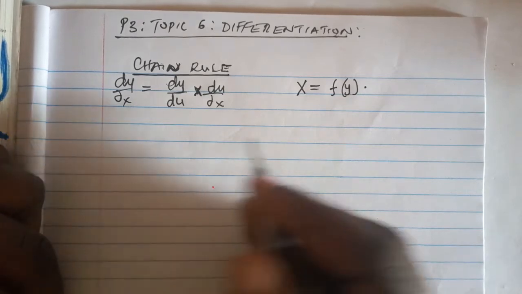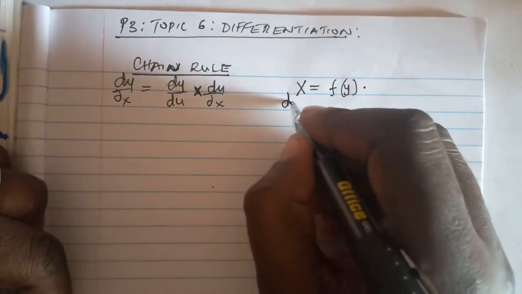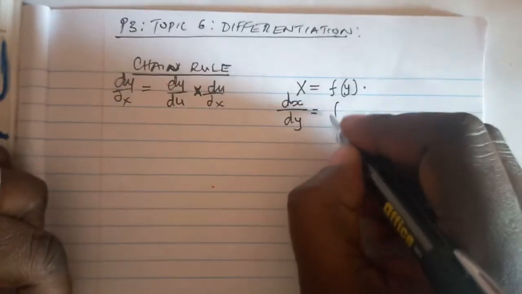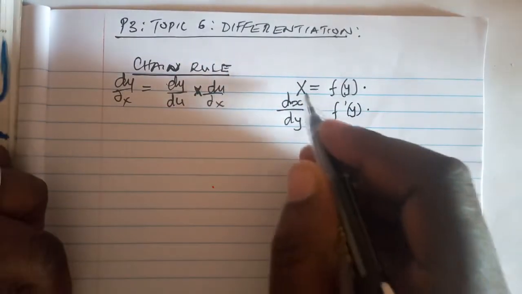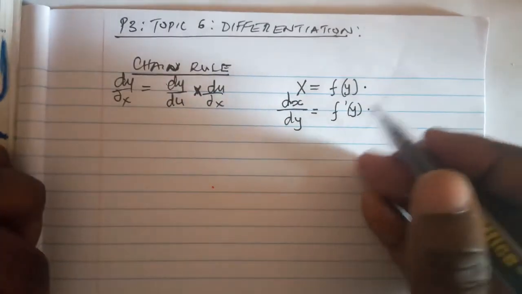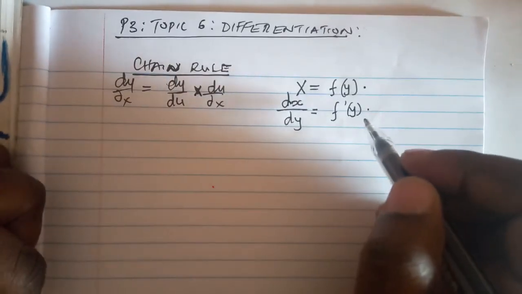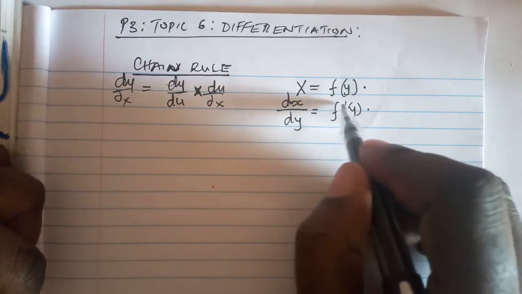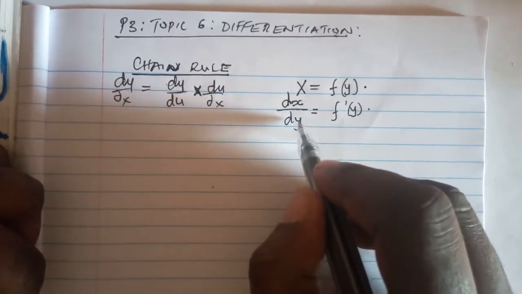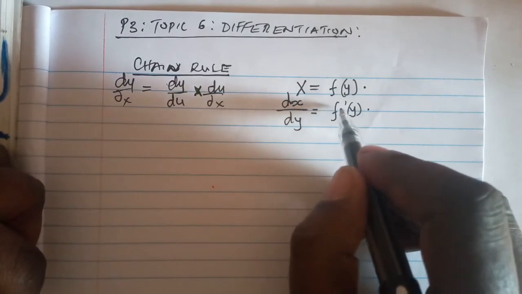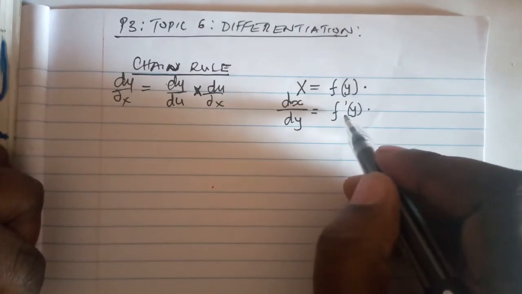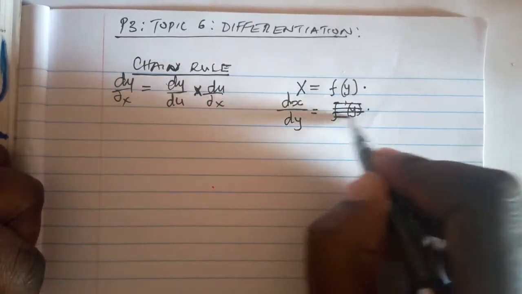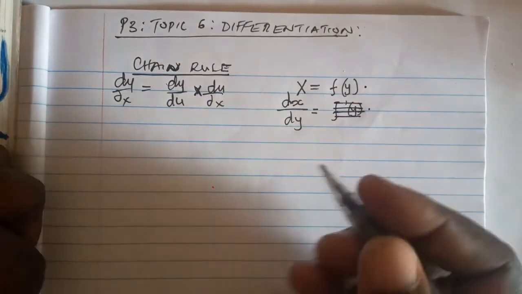You realize that the best you can do is have dx/dy, which is of course the derivative of x in terms of y. In this case, we may look at this being equal to this, but this is not true because our function is not in terms of y. So that does not apply there.